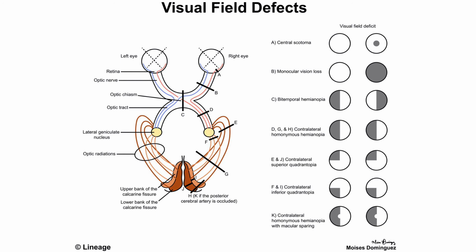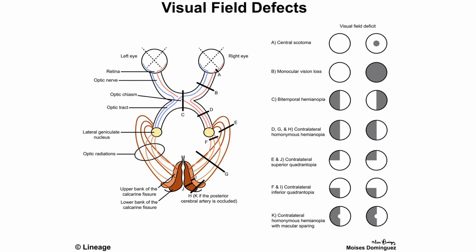So if a lesion occurs at A, which is the fovea of the eye, they would lose the center of their vision in that eye. If a lesion occurs at B, as we can see here, the person will lose all of the information coming from the right eye, at least when it comes to vision.